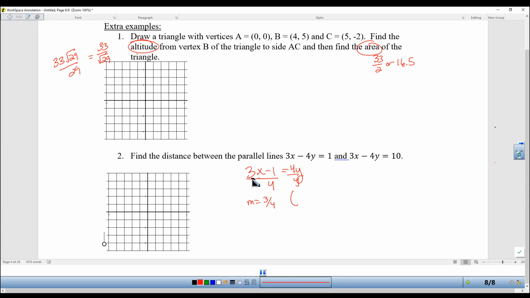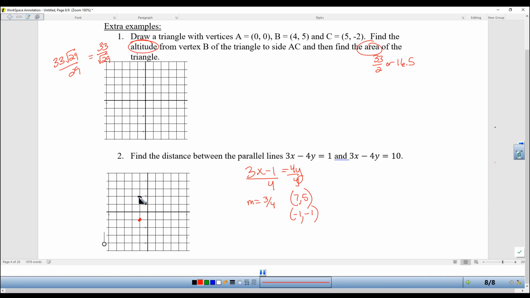So I think to myself, if I do 7 times 3 is 21, minus 1 is 20, so 7/5, which is a little bit big. How about -1? 3 times -1 is -3, minus 1 is -4. There we go.